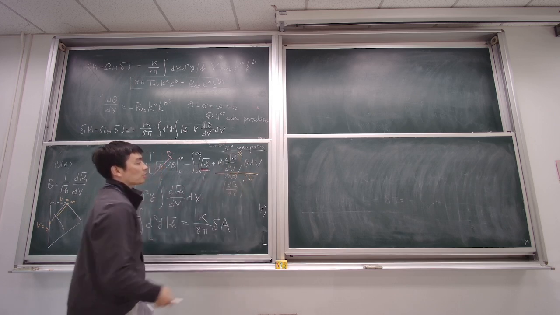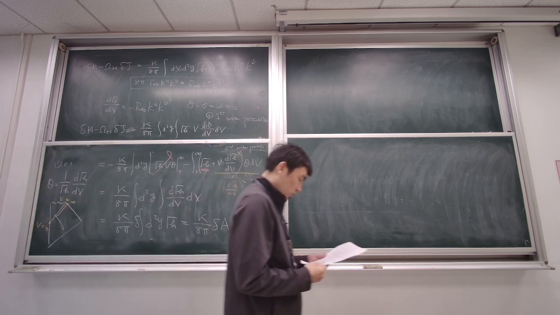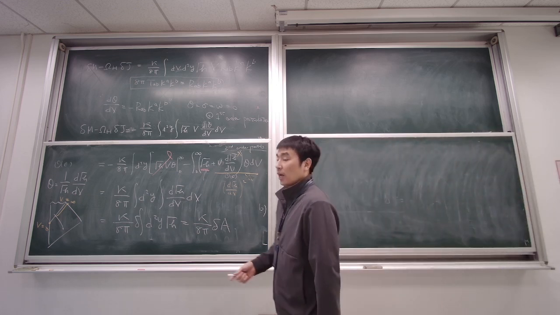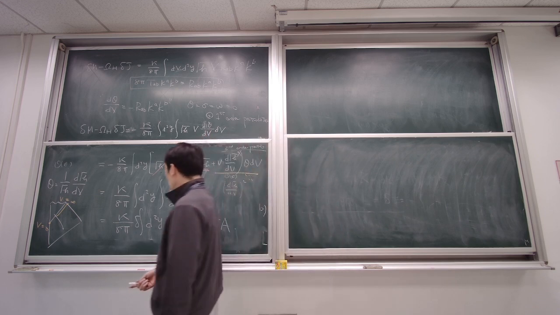Therefore, if you multiply them together, you get second order, so you can ignore it if you consider small perturbation. That's the reason. Any question on this derivation?